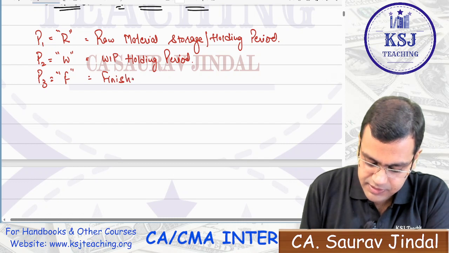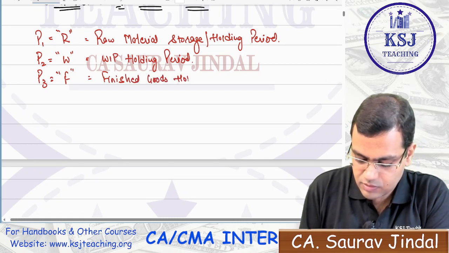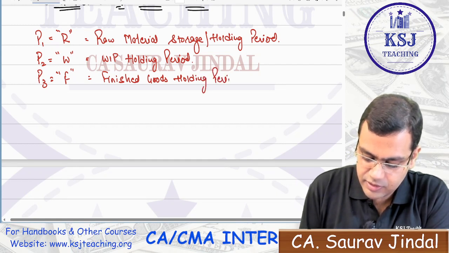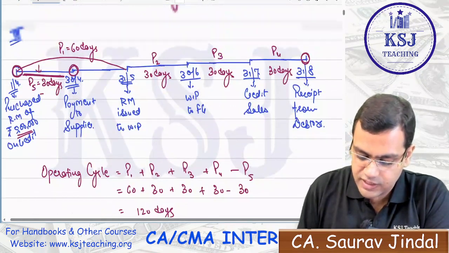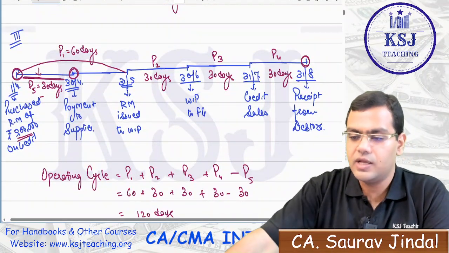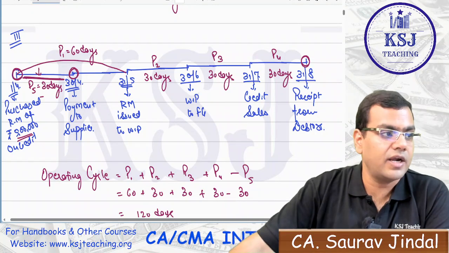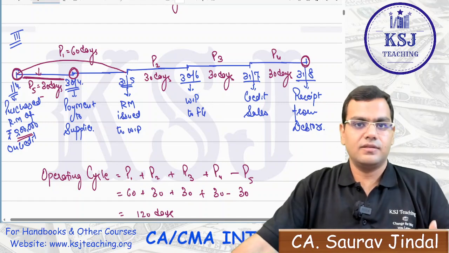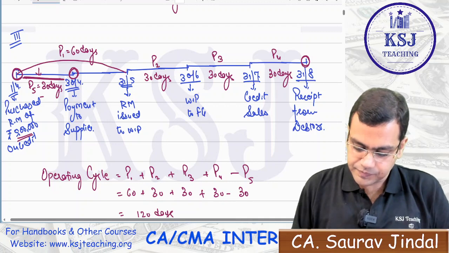This is the period during which the WIP has been converted into finished goods. P3 is what? WIP has been converted into finished goods, but the goods have not yet been sold, right? The goods are waiting for dispatch.